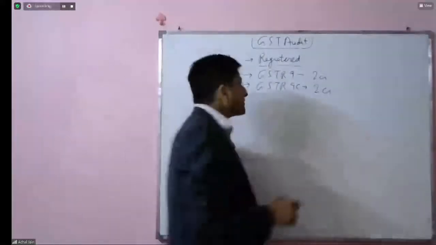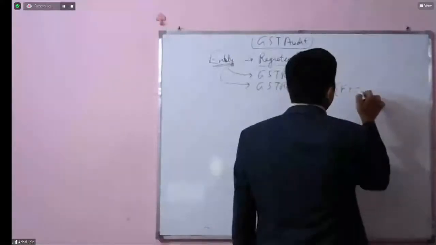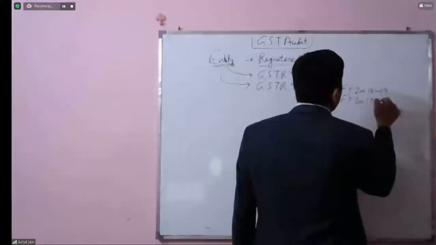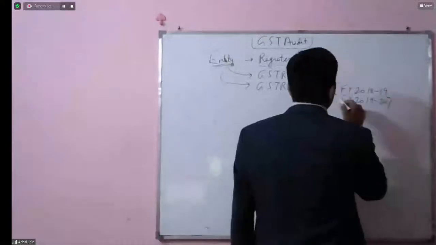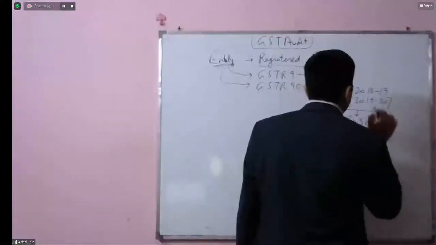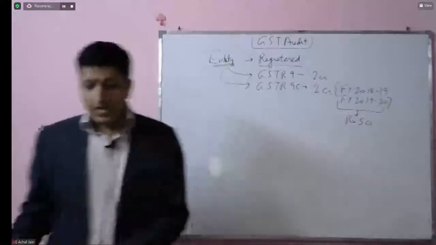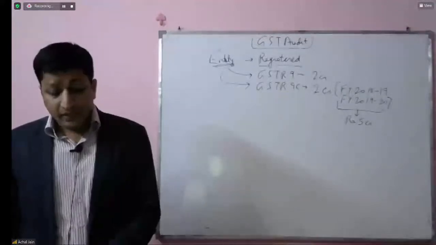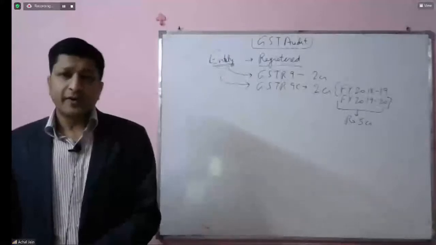But for the financial years which are currently applicable and as per your study material, if you look at financial year 18-19 and financial year 19-20, for these two financial years, it's rupees 5 crore. So that means if the turnover is less than 5 crore, then the GST audit is not mandatory.